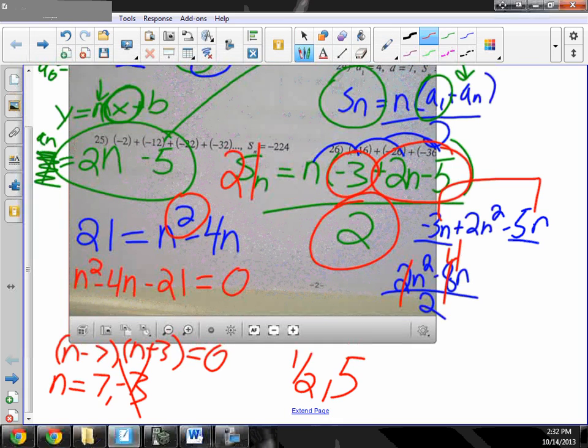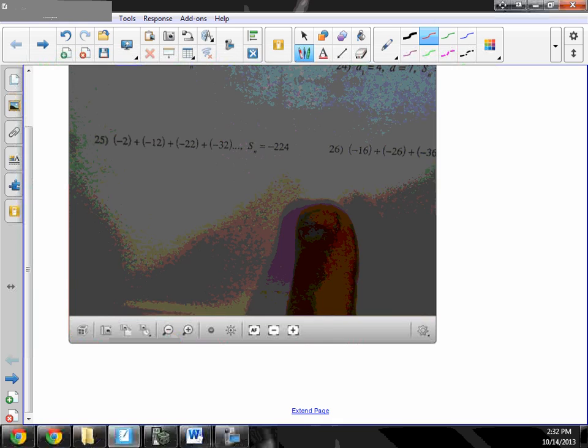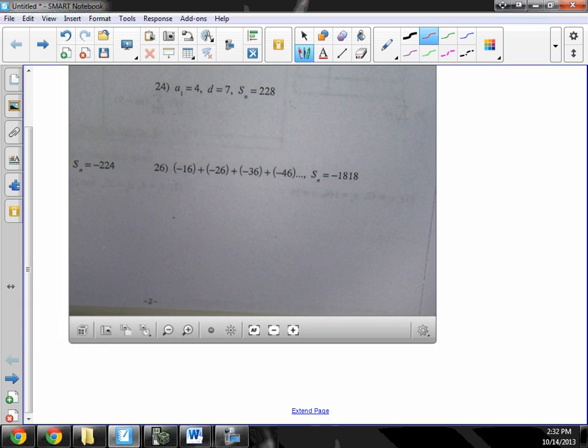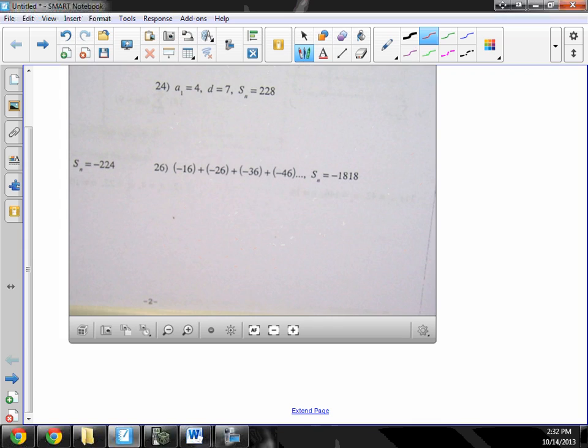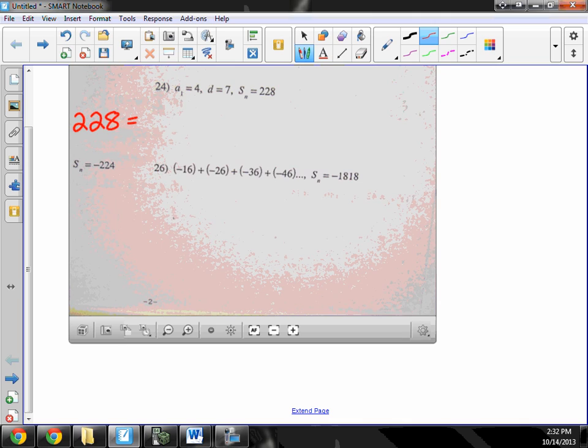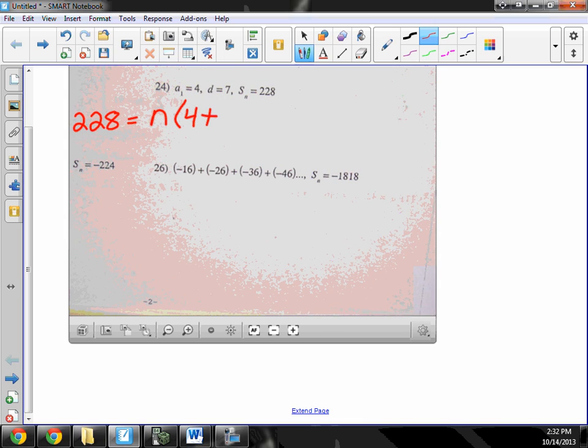Okay, so let's look at number 24. So we're going to use the same trick that we used before. So 228 equals, do I know n? No. Do I know a sub 1? 4 plus, do I know a sub n?